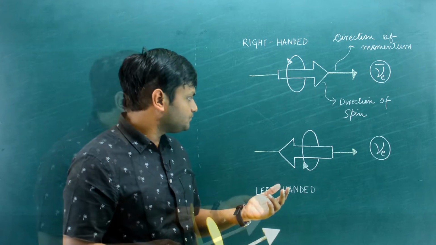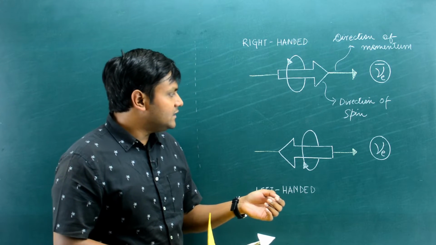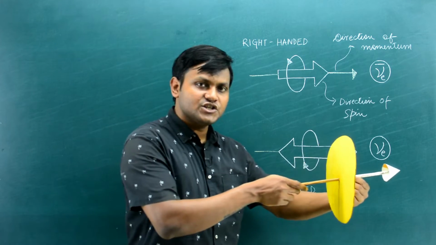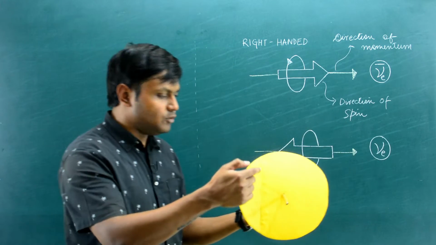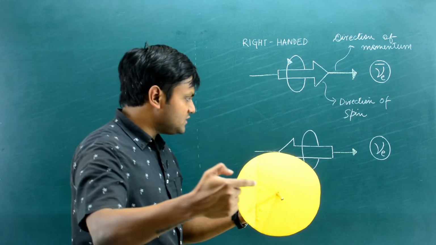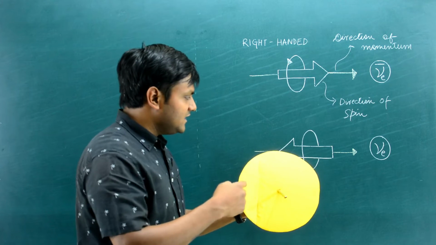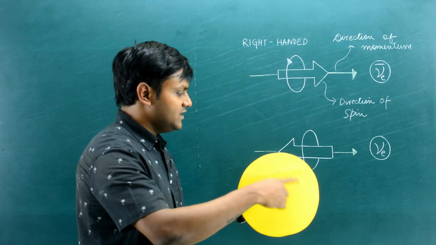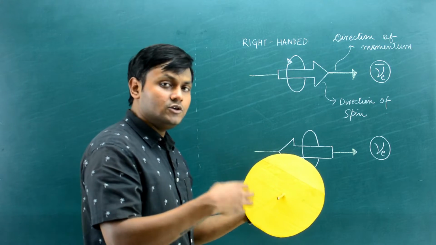If I look at the neutrino going in a particular direction, let's suppose away from me, so from your perspective the neutrino is penetrating this board, then the neutrino's spin would be in the anti-clockwise direction. This is what it means for a particle to be left-handed.